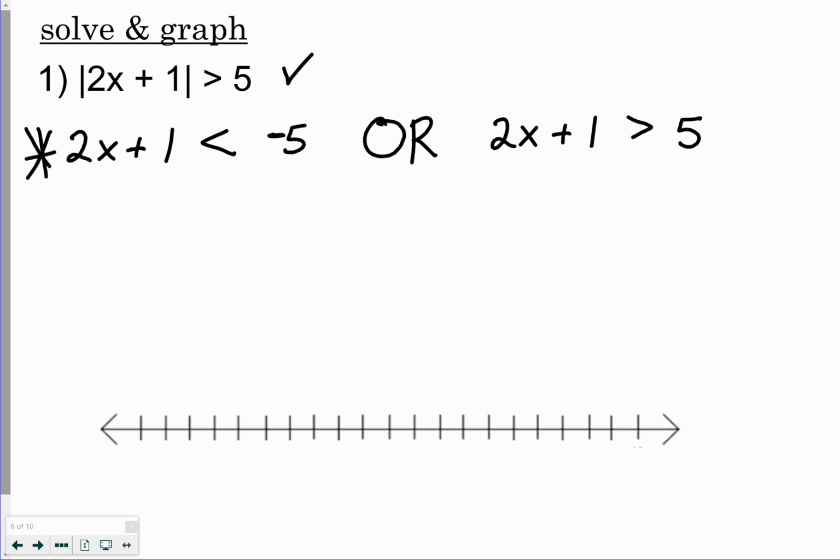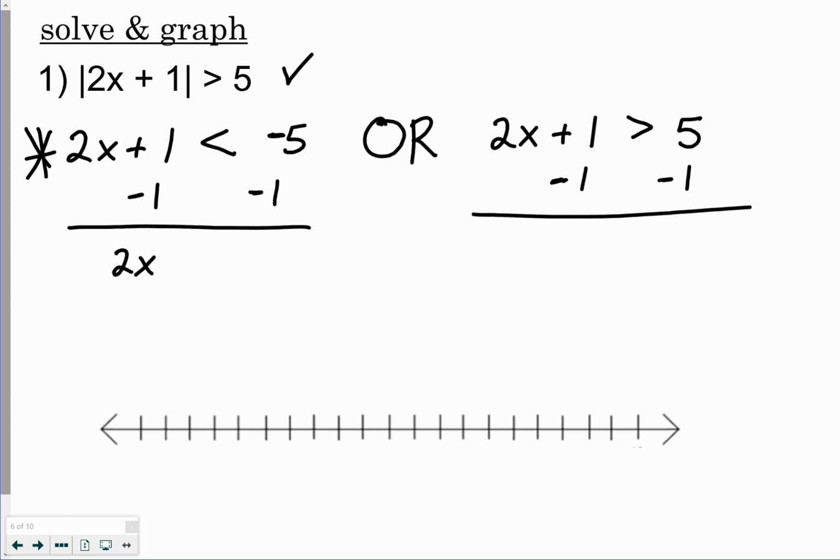Okay, so to solve, I'm going to subtract 1 on both sides. You'll see the work is the same here. So 2x is less than negative 6, or 2x is greater than positive 4. I'm waiting for people to catch up, right?